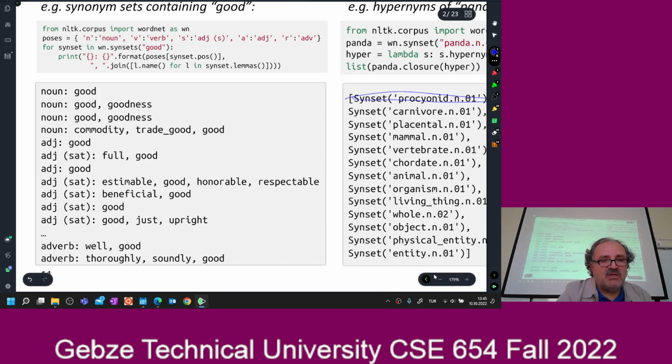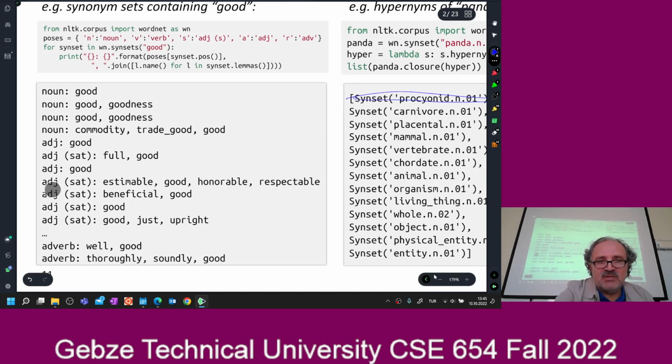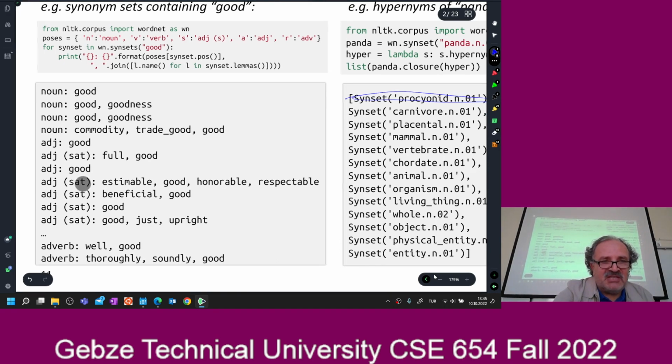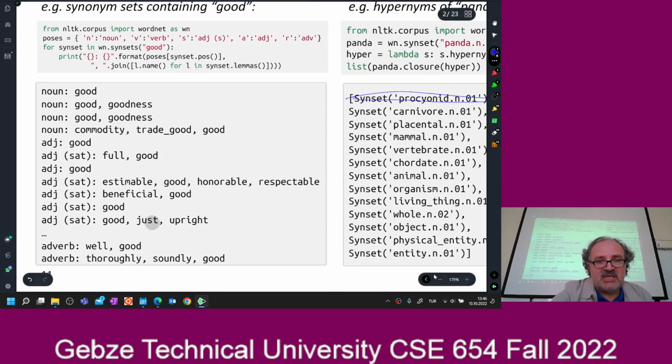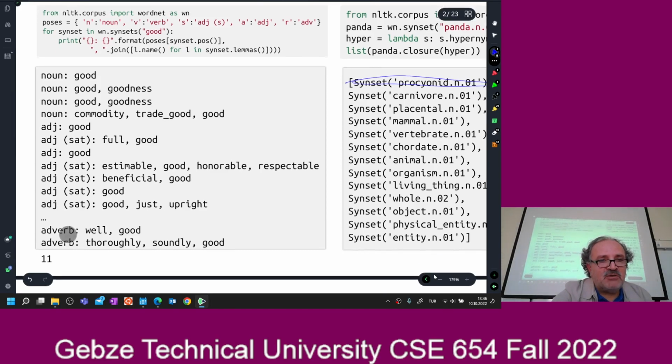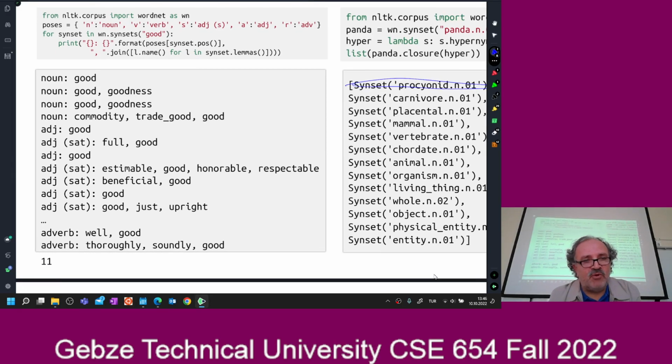Sometimes I use good as in full: I am good, I am okay, like when my stomach is full. These are types of adjectives, and I'm not going to talk about them. Honorable, respectable, beneficial, right? Just, upright. Sometimes I use good as an adverb, or truly: I did it good, I read it good, etc.